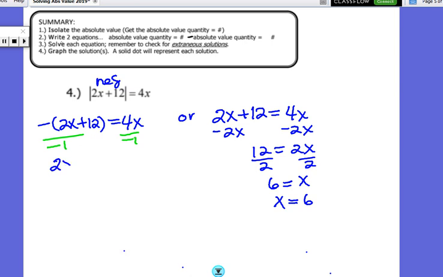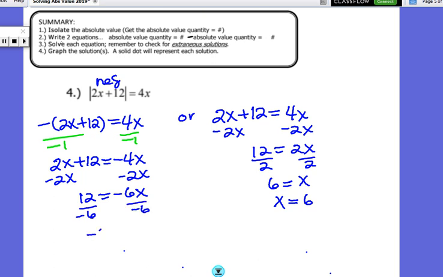So I'm going to end up with 2x plus 12 is equal to negative 4x. I'm going to subtract 2x from both sides. So I get 12 is equal to negative 6x. Divide by negative 6. So this time I get negative 2 is equal to x, or using the symmetric property, x is equal to negative 2.